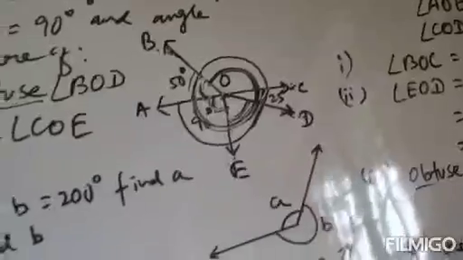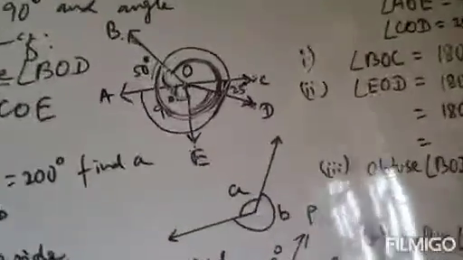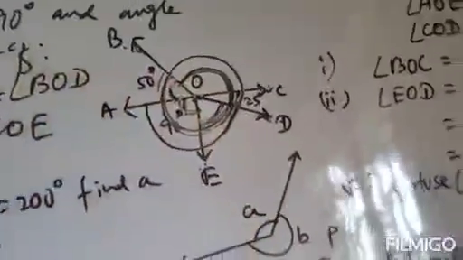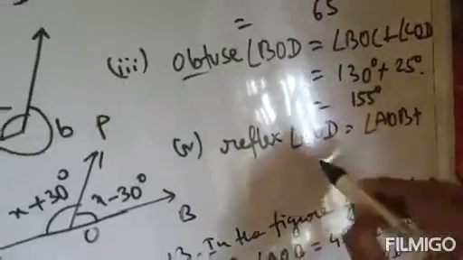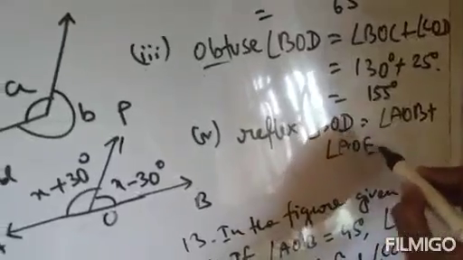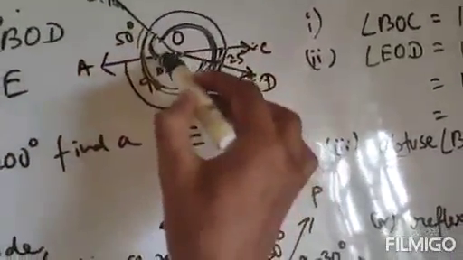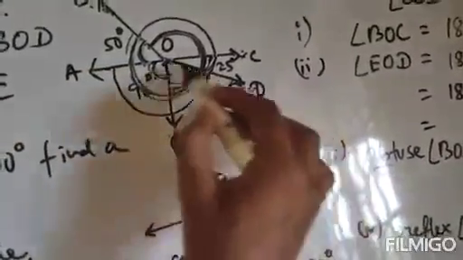So we will add these three angles to get the reflex angle BOD. So at first angle BOA, or we can say AOB, both are same. So angle AOB plus angle AOE plus this portion, that is DOE.